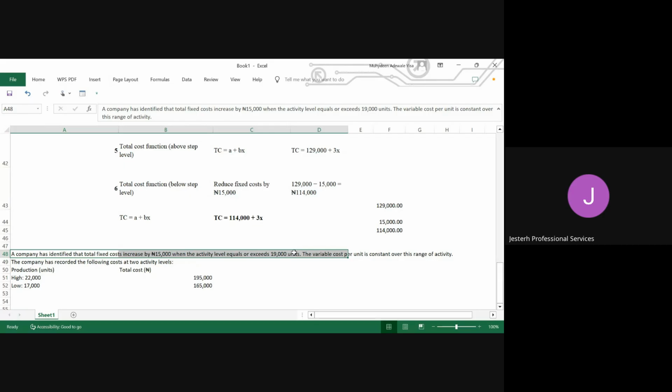Then we will now use it to determine our variable cost. Unlike the first one that we just determined, because they did not give us any associated costs.